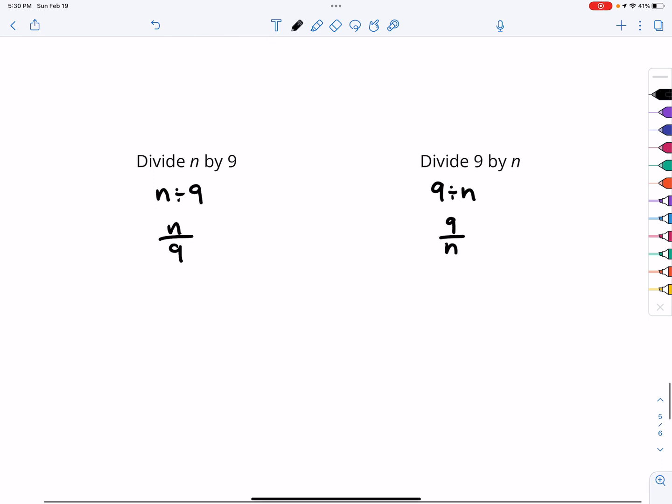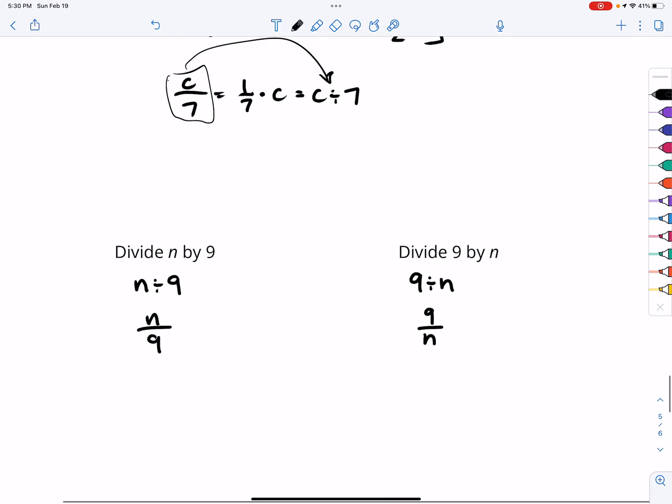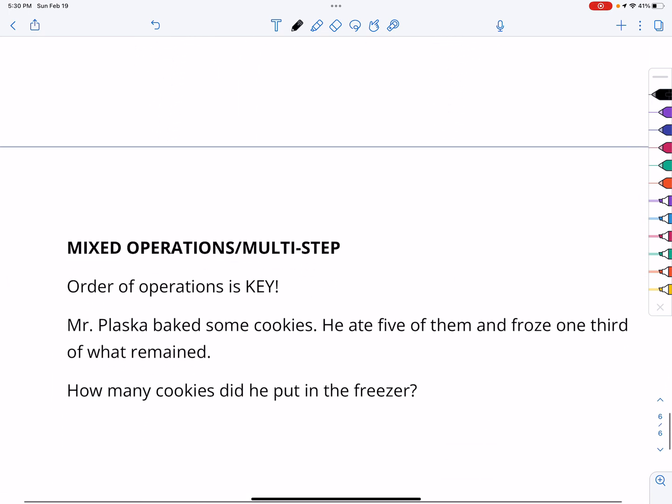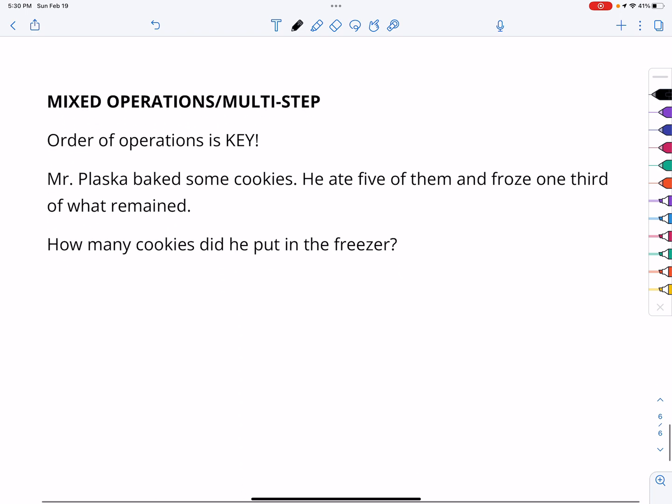So this gets to be really tricky, but it just takes a moment of thinking, what do I recognize? How is this related when you get into mixed operations or multi-step problems? So the order of operations remains the same, and that will be key throughout all of this.